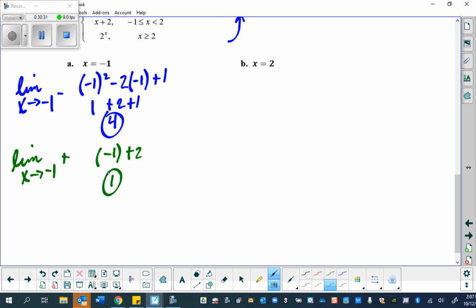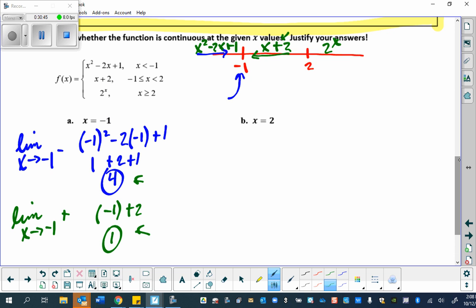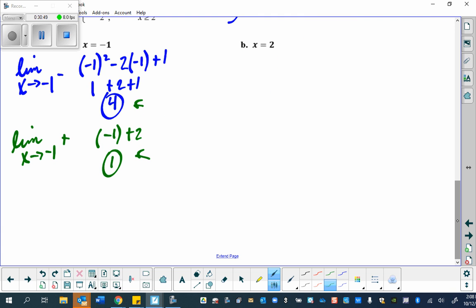Already I know I'm not continuous, because at -1, these two output values don't match. So we can say, therefore, it's not continuous at x is equal to -1.